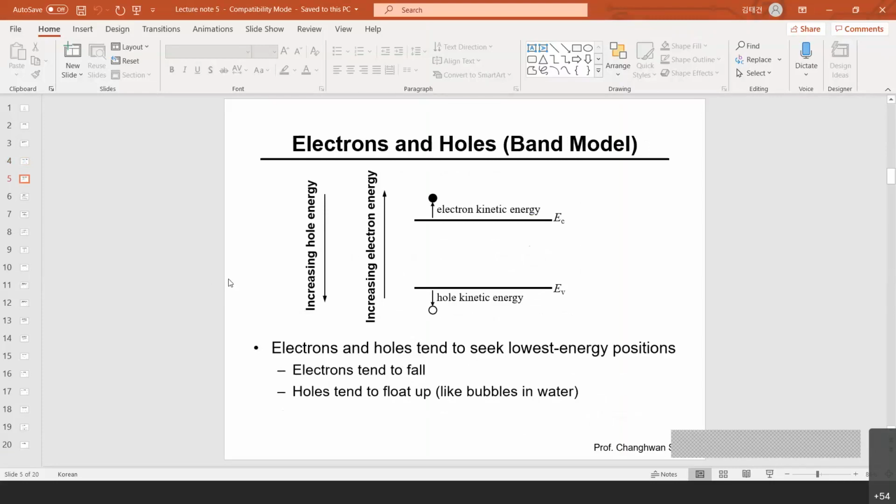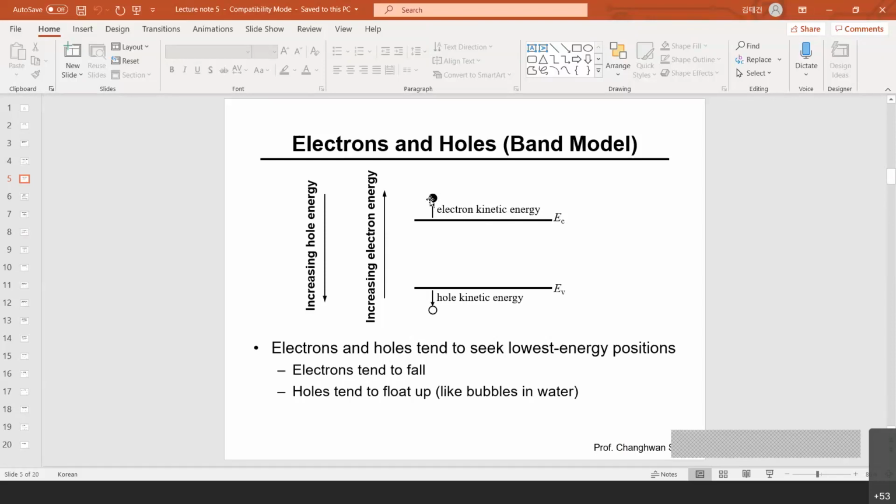And we have learned about the electron's kinetic energy and the hole's kinetic energy in the conduction band and valence band. Once an electron sits on an energy state slightly away from the conduction band edge, E sub C, physically that electron has much more energy compared to an electron sitting at the edge of the conduction band, E sub c.